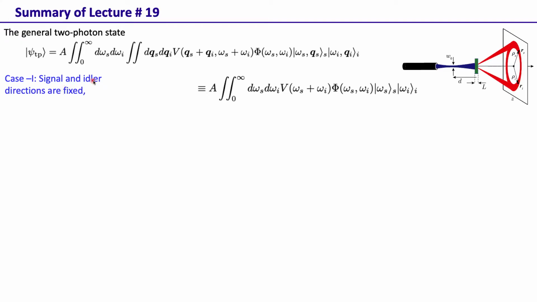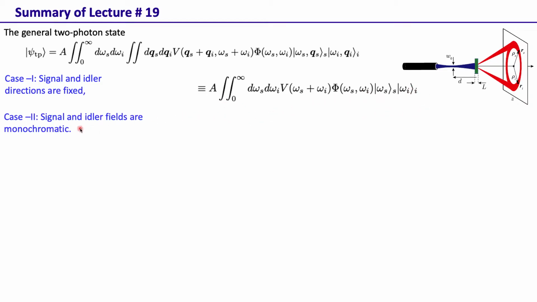One is when the signal idler directions are fixed, that means QS and QI each take only one value, that means the photons go in a particular direction. In that case, the two photon state can be written like this, as a double integral over frequencies.